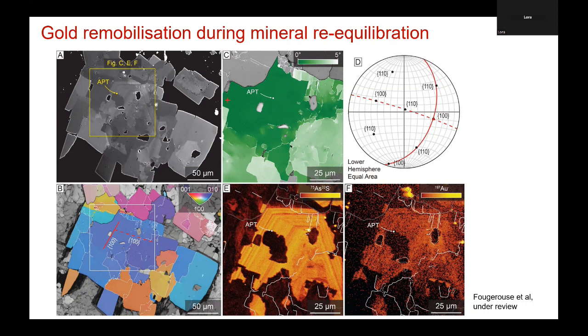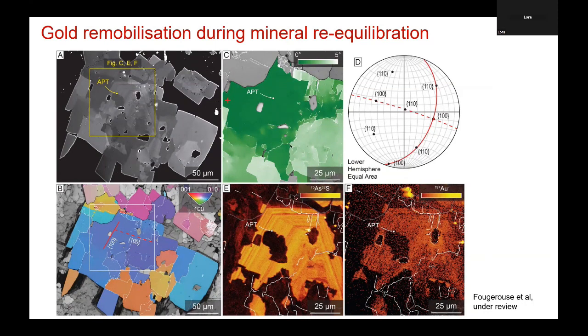And we're like, oh, has the gold left? How has the gold been moved out of these pyrites? So we targeted one of these boundaries to see really what was going on in terms of processes and how the gold was moving about.